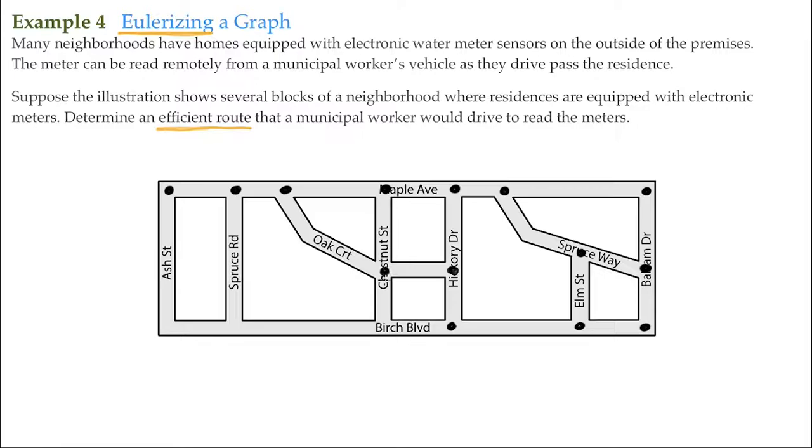And then once we have all the vertices in, we'll connect each vertex with an edge, which essentially are the streets. So if I go from here to here, I'm going right down the street. So that's one of the benefits of when we use a street map.